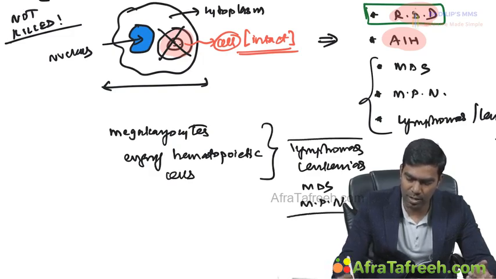In all these conditions, you will see a megakaryocyte engulfing a hematopoietic cell. I told you it's another cell engulfing another cell, but the cell inside will be living and alive and not killed. So here the megakaryocyte is the cell that engulfs the other hematopoietic cell.